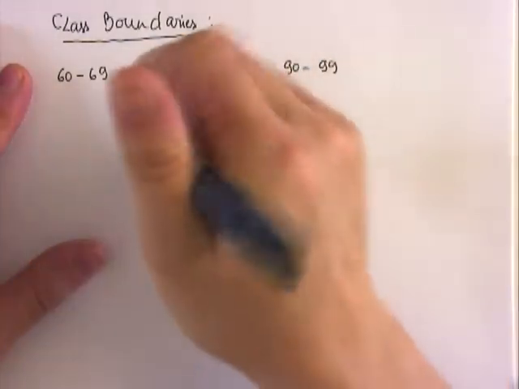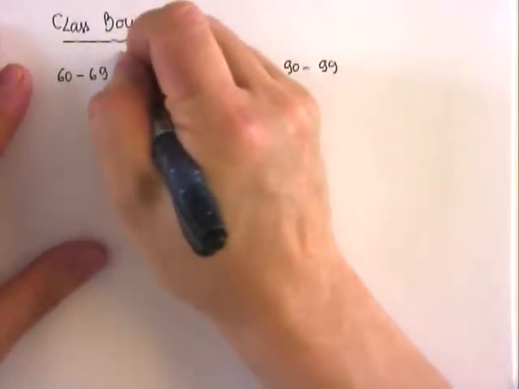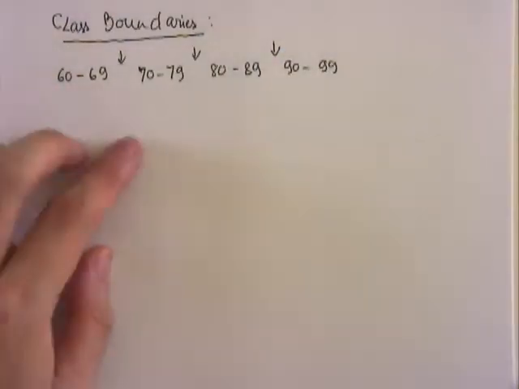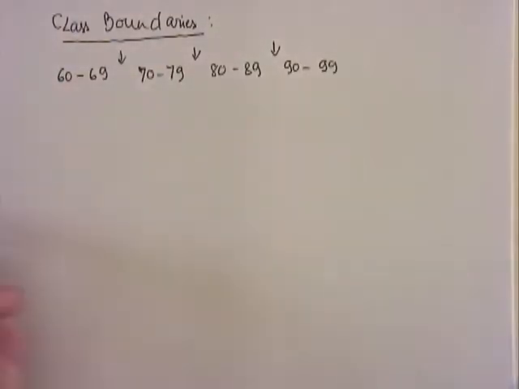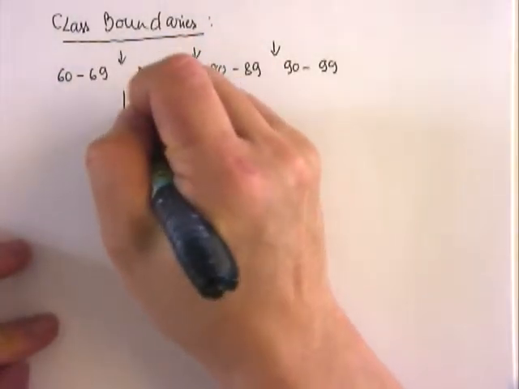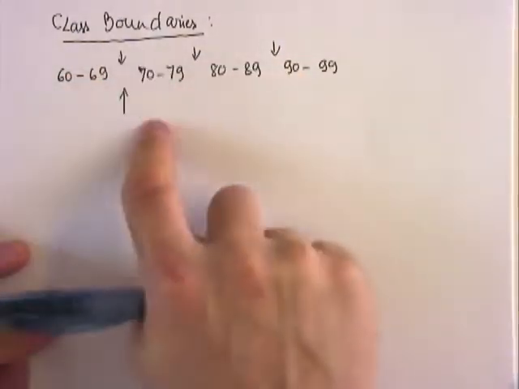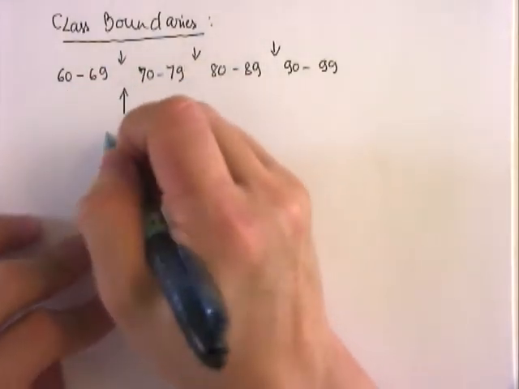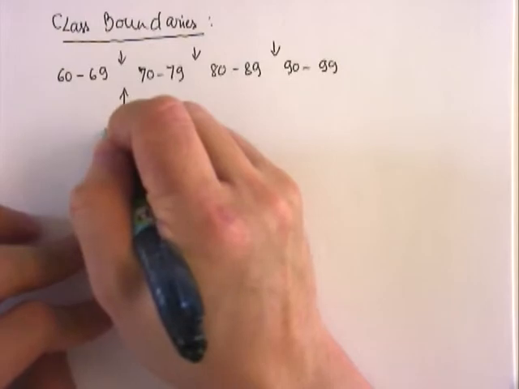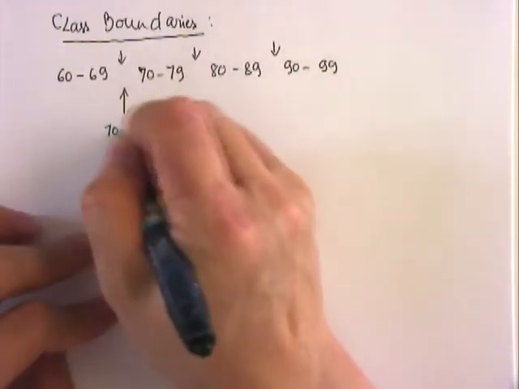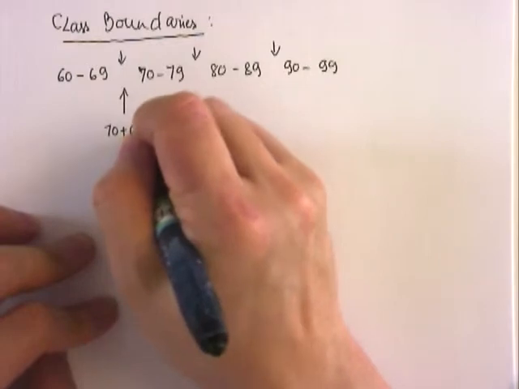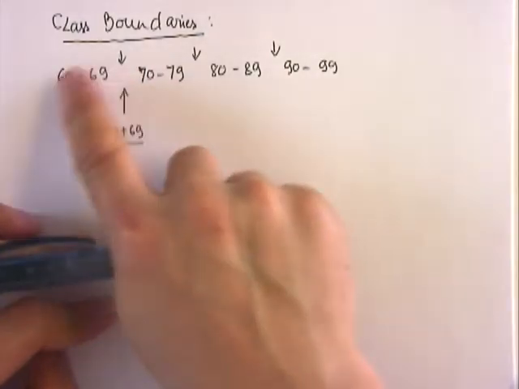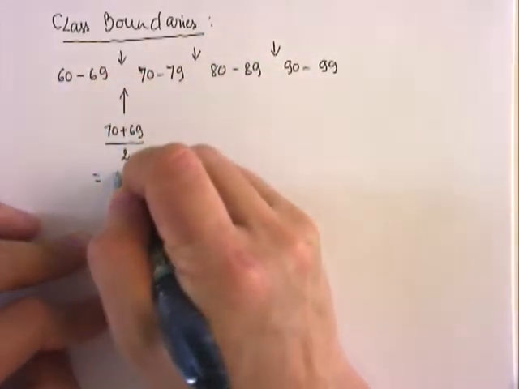Class boundaries are those values that exist in between and act as the dividing line between any two of these classes. Specifically, for the first two classes, the class boundary between them is found by taking the 70 here, adding it to 69, which is the upper limit of the lower class, and dividing by 2. That's what we always do. So the class boundary between these two classes would be 69.5.